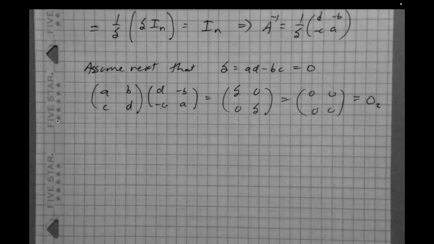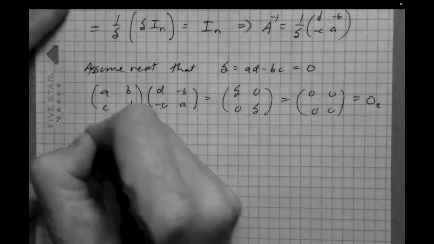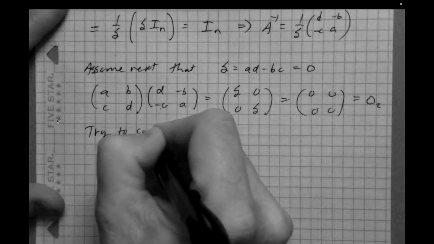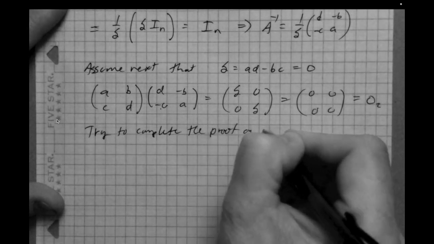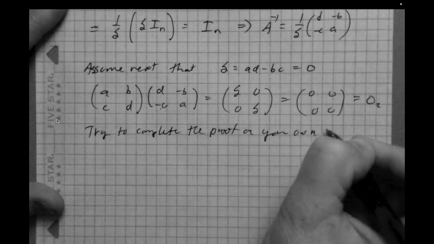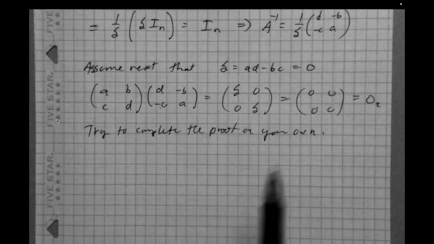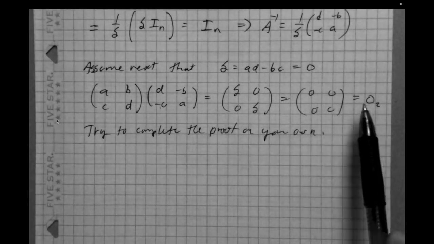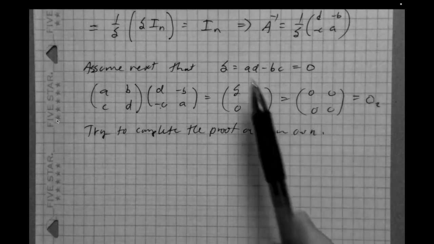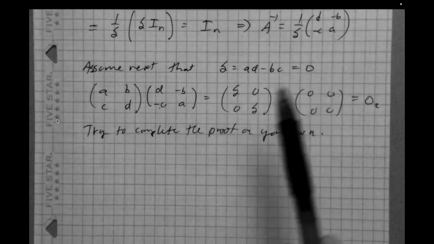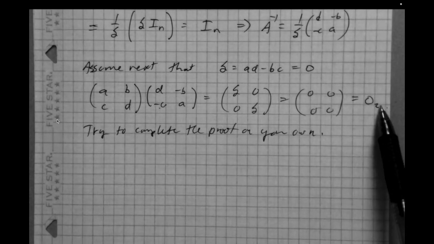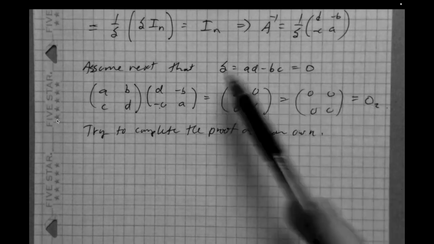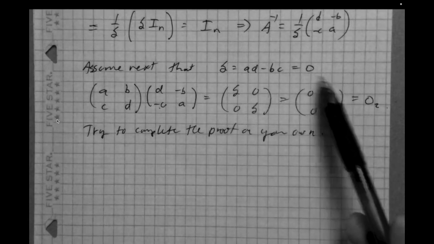Okay, now what I'd like you to try to do is complete the proof on your own. Now, what do you need to show? Well, you just need to show that yes, indeed, if delta is equal to 0, then this form doesn't give me an identity matrix. But is that enough to show that?